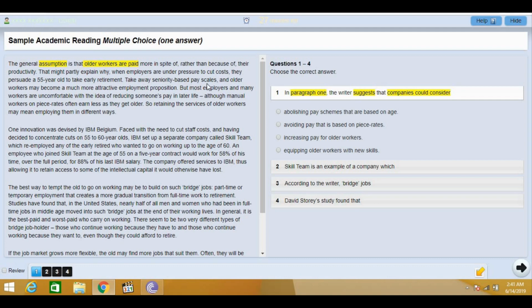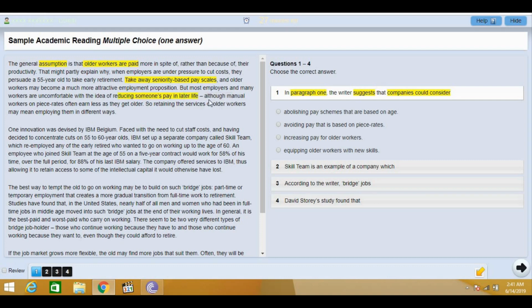Take away seniority-based pay scales, and older workers may become a much more attractive employment proposition. But most employers and many workers are comfortable with the idea of reducing someone's pay in later life.